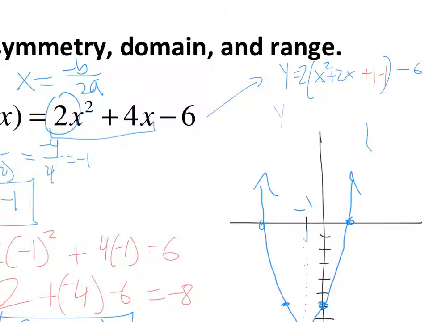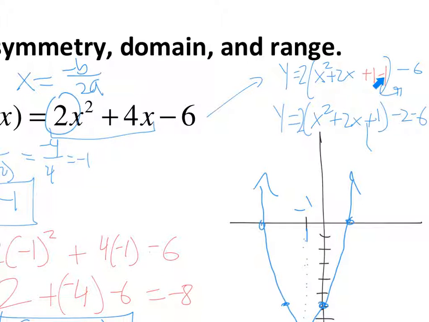Okay, so y equals 2. That's on the outside. Now we got to get this -1 outside, but remember it gets doubled. That's what this 2 is all about here. So we've got x squared plus 2x plus 1, and then we're going to take this -1 out here, but it's going to get doubled because again it's this -1 times this 2.